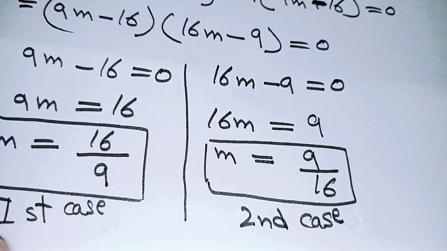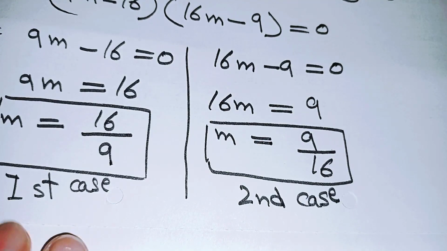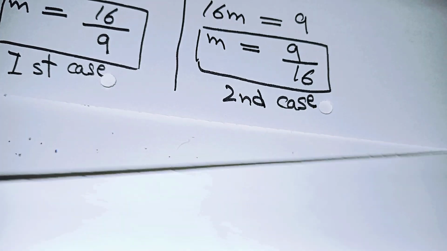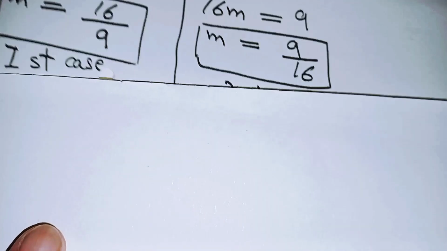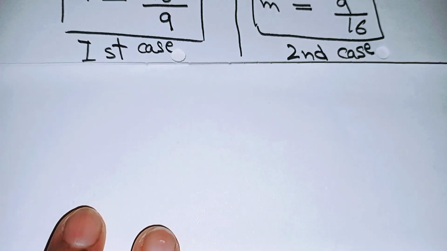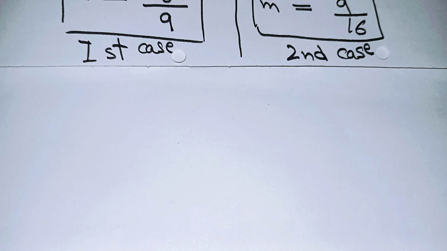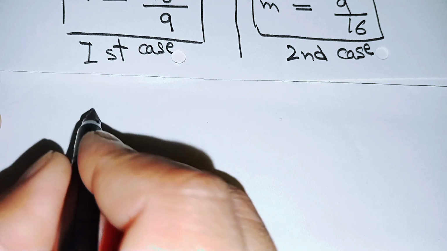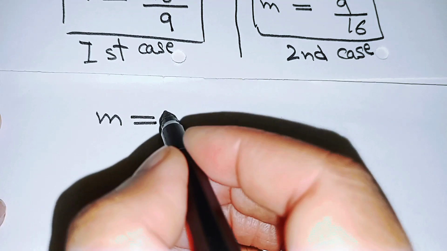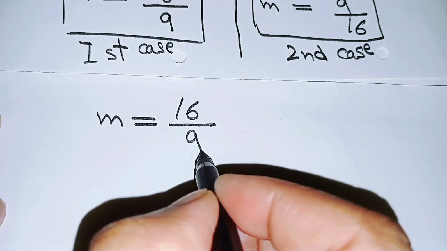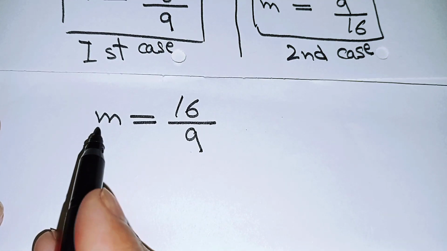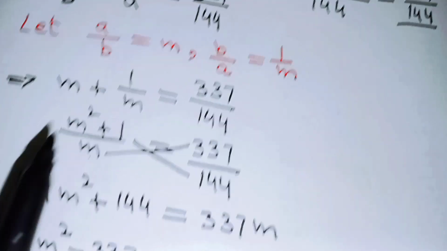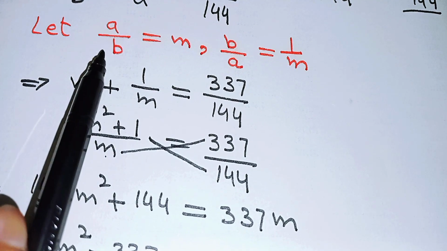And now here we solve the first case: m is equal to 16 over 9. And now here we recall the value of m, the value of m is a over b.